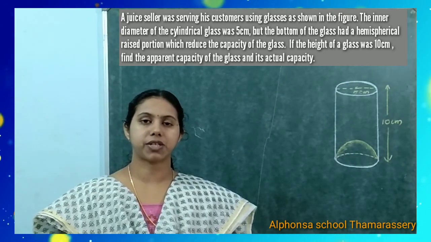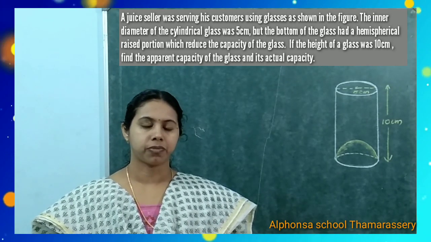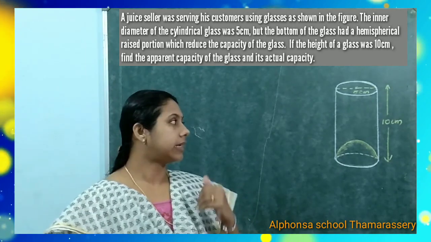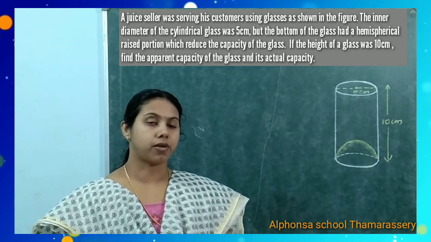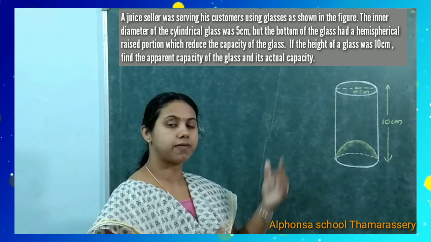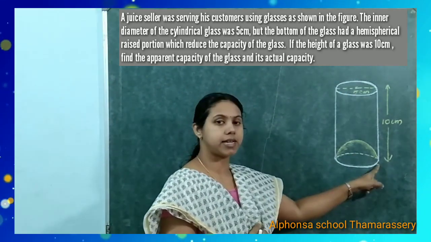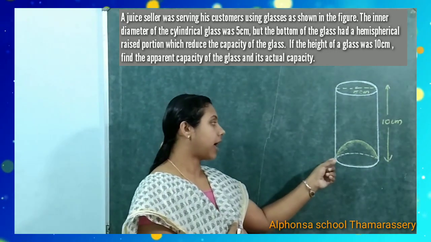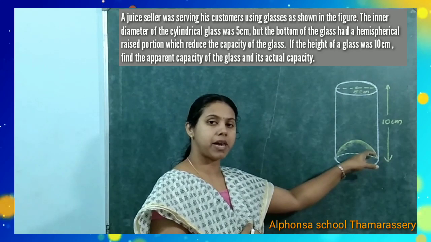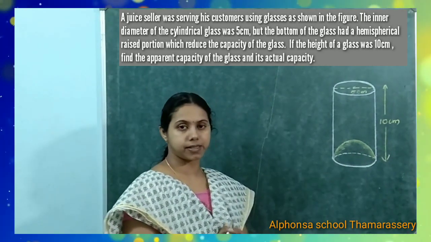In the previous section, we discussed the apparent capacity and the actual capacity. So here, the inner diameter of the cylindrical vessel is given as 5 cm, and the height of the cylindrical glass is 10 cm. A hemispherical portion will be in the base of the cylindrical glass.